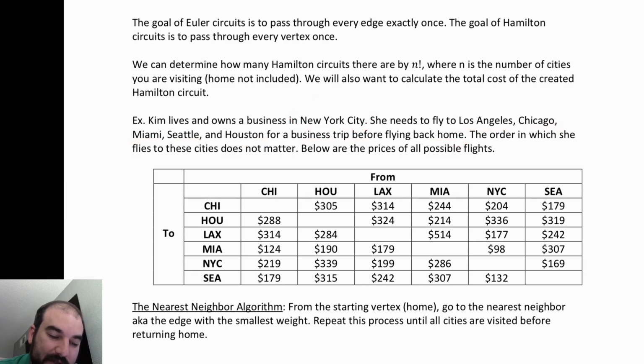So our starting city and ending city is set, and we are asked to find a kind of a path for this person, and the order in which she visits the cities does not matter, but the flight prices kind of determine which flights you'll take, and you're wanting to make a Hamiltonian circuit because you don't want to visit, for example, Miami more than once along this trip, right? You want to go from NYC to somewhere, and then travel around to all of these cities, and then end up back in New York City.